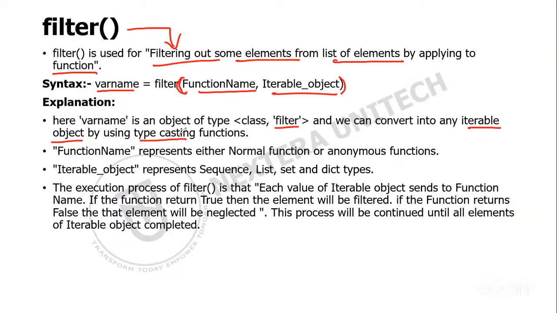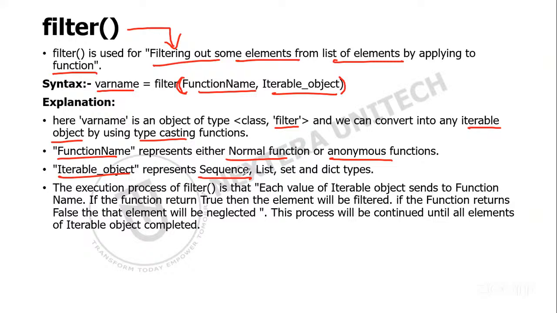We can perform type conversion. Coming to the function name, it can be a normal function or anonymous function. Anything accepted. Coming to iterable objects, what are the different iterable objects we have in Python?